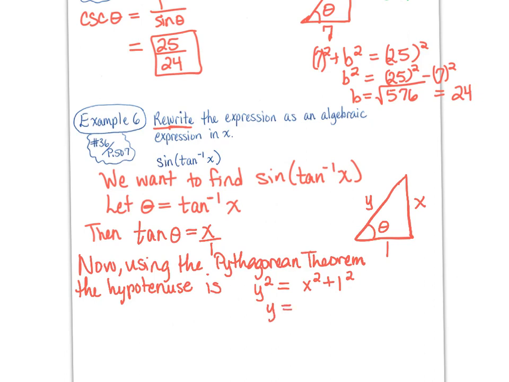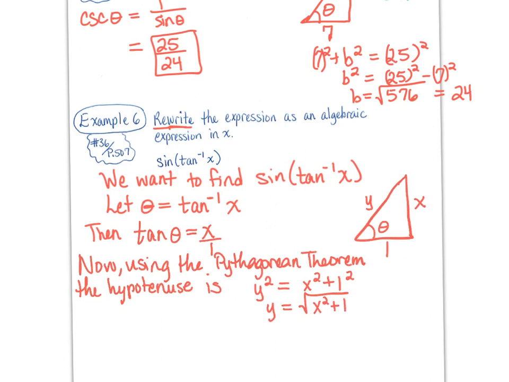Y technically is c. The variable doesn't matter. Y equals the square root of the quantity x squared plus 1. It's just x squared plus 1. All of you said something different.